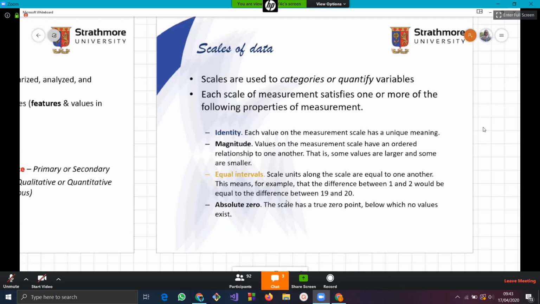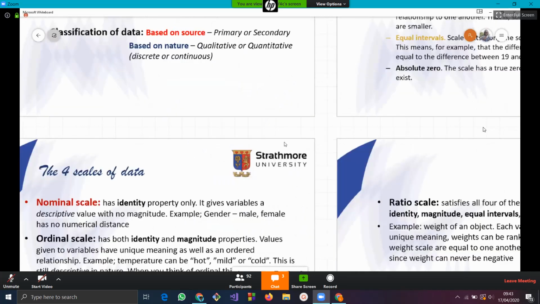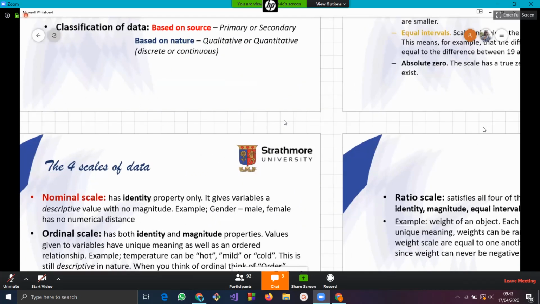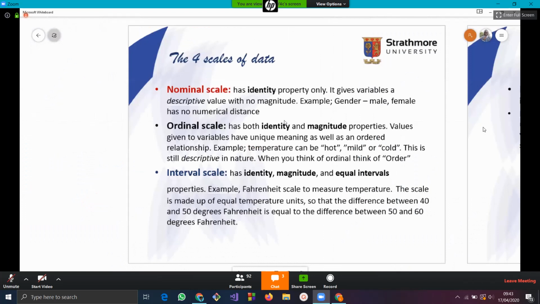But now the focus is actually here. These are the 4 scales that you're supposed to know. The first one is called a nominal scale or nominal data. This one has identity only. It gives variables a descriptive label. There is no magnitude. For example, if I have data on gender and guys are categorized as male or female, there is no numerical difference between a male and a female.